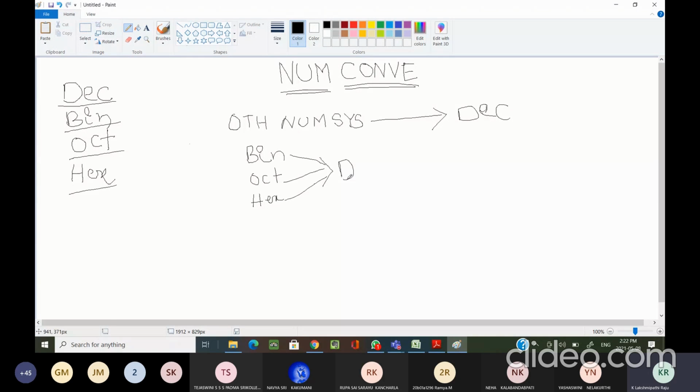Now, this is the reverse. We have done one forward and one backward, that means vice versa. We can convert from one number system to another. In the last class, we saw decimal to other number systems. Today's session, we are going to complete other number systems to decimal.